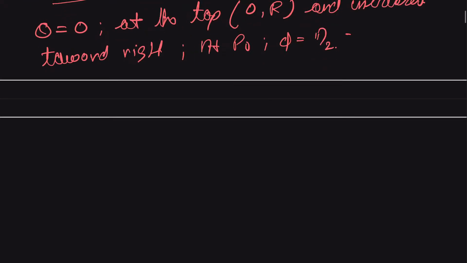So from here we can write that phi is equal to pi by 2 minus theta. This is the relationship between theta as well as phi.